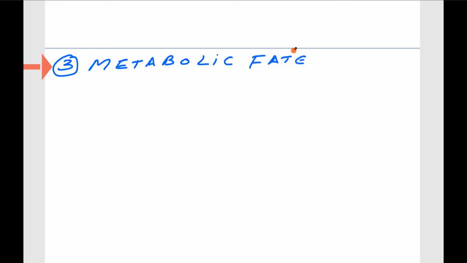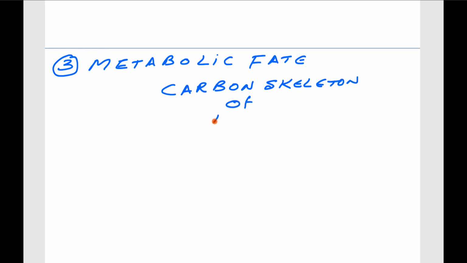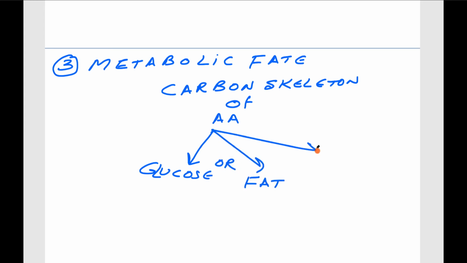Next objective is classification based on metabolic fate. What does it mean, metabolic fate? When you see the carbon skeleton, the R group, of an amino acid, it can be used for the formation of glucose or fat or both.